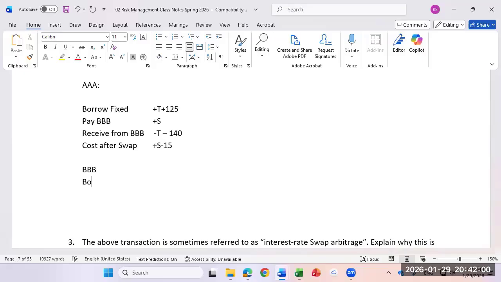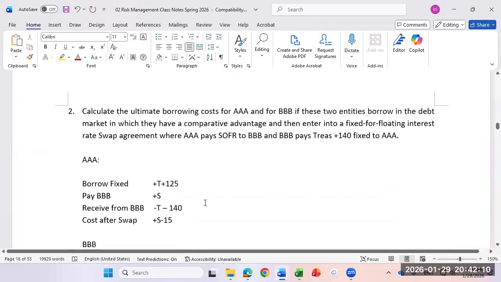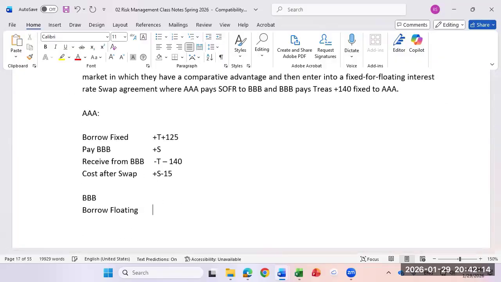They borrow floating at what? That's where they have the comparative advantage, SOFR plus 20. They're going to pay triple A T plus 140.